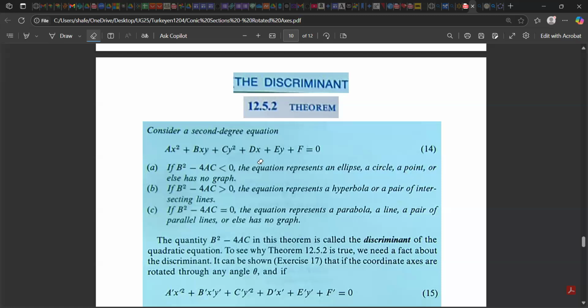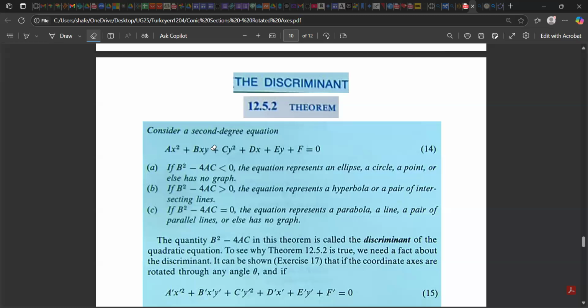Try a value for X and see if you can get a value for Y, then try another one. If you can get several points, you know that there is some graph, right?